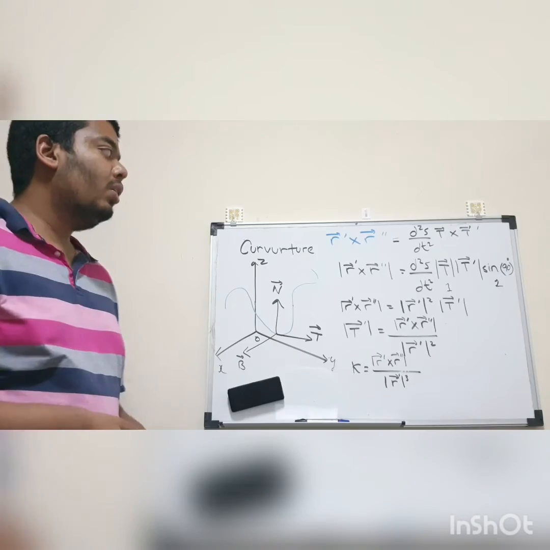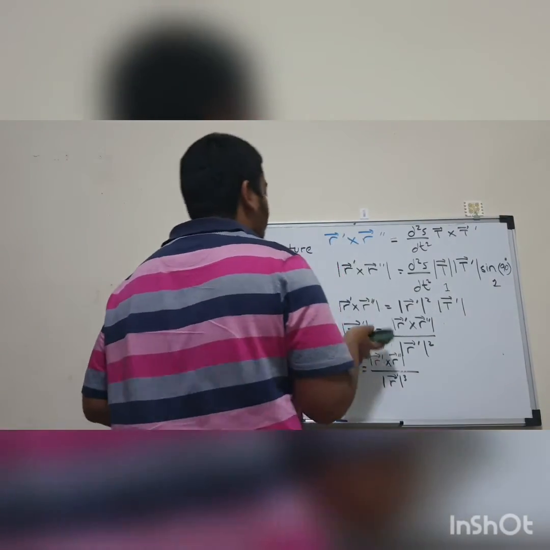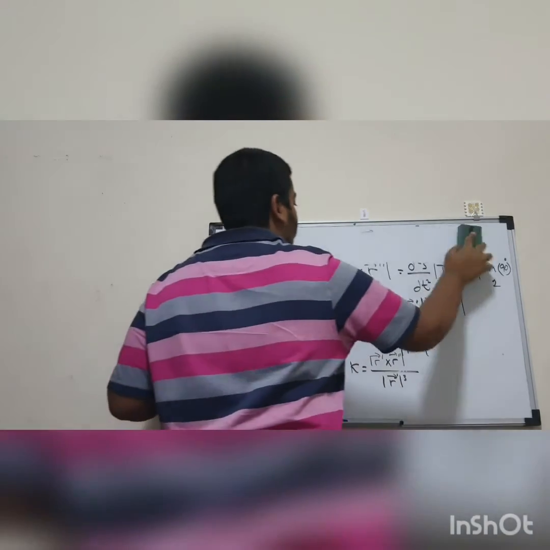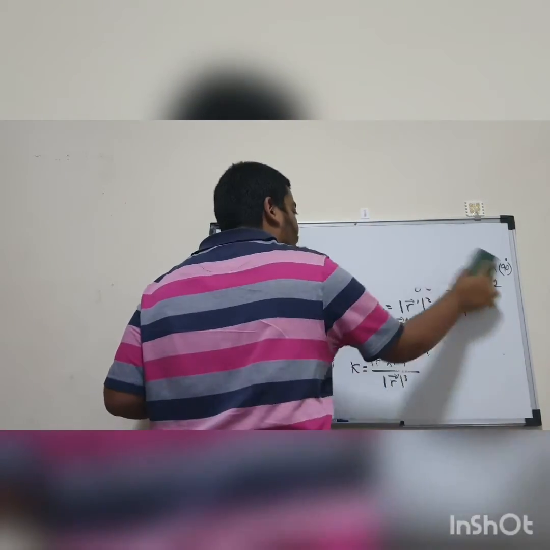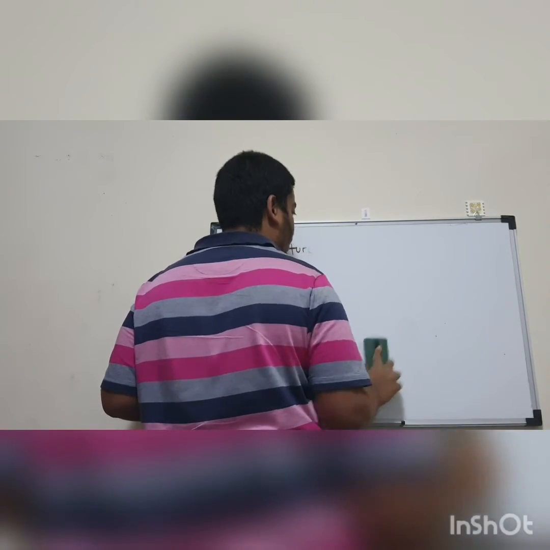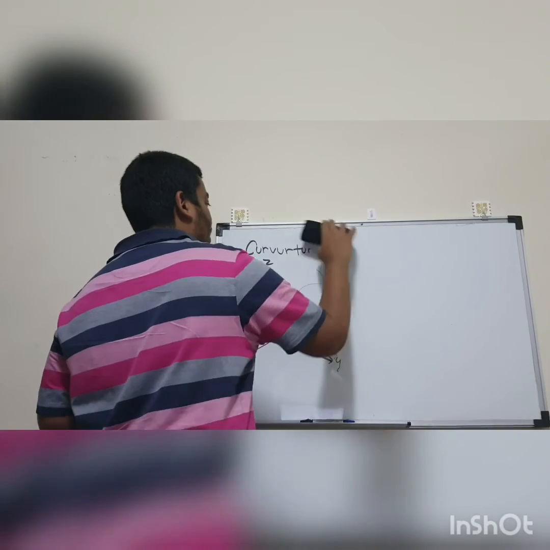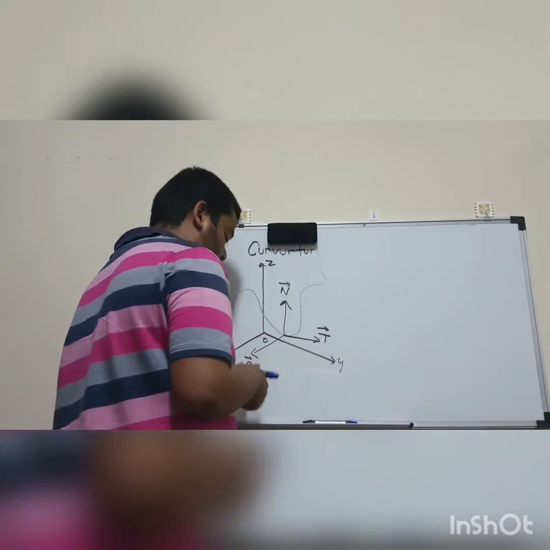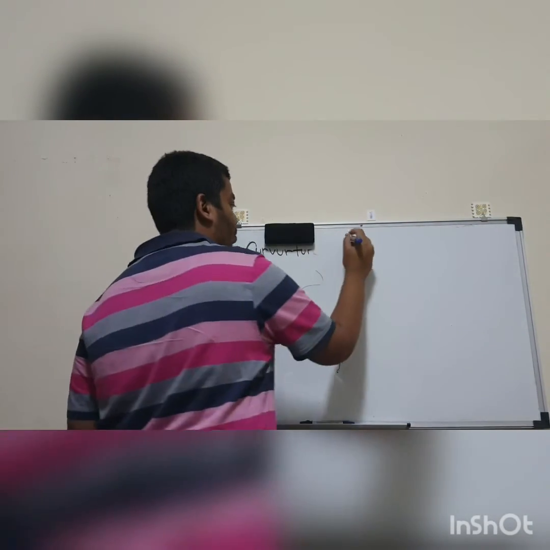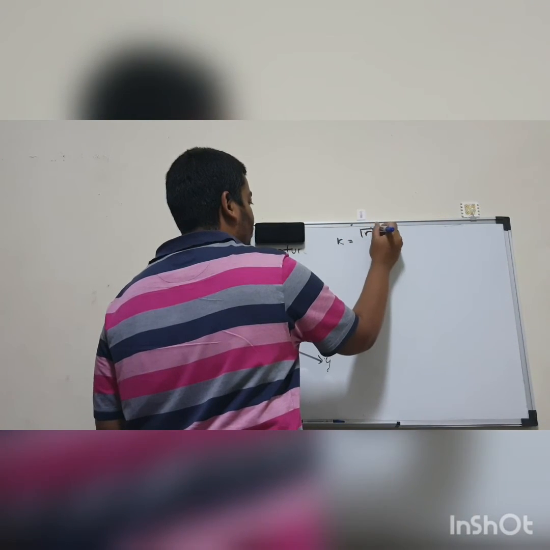Okay, guys? And now let's see, using this particular formula of curvature, if we have a function which is completely depending on x, a function of x, what will be our answer? If we have a function of x, the curvature formula will remain as it is. Let's just write down the curvature formula because we need to remember it.